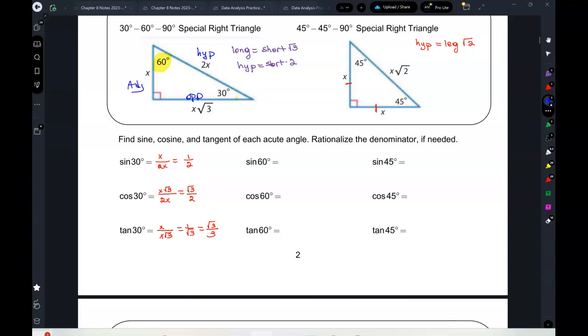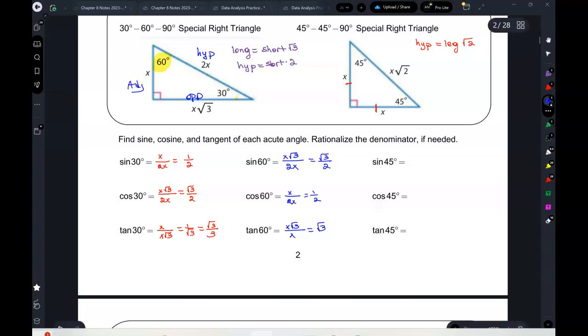So sine of 60 is the opposite over the hypotenuse, √3 over 2. Cosine is the adjacent over the hypotenuse, 1/2. Tangent is the opposite over the adjacent, √3. What do you notice here? Sine and cosine are opposite of the 30 and the 60, right?